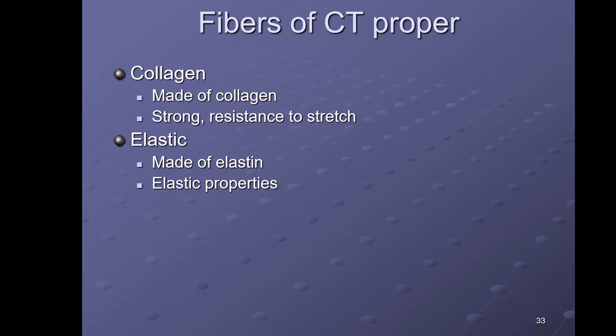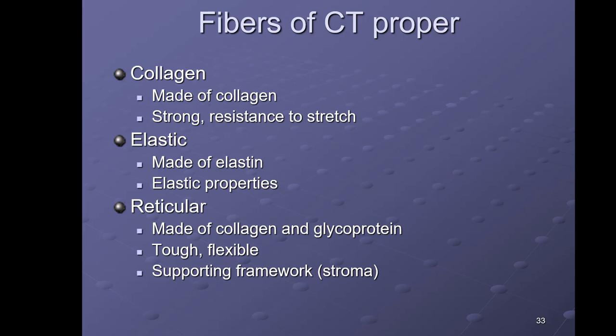It stretches a lot, so it has elastic properties. And then reticular fibers are made of some collagen and some glycoproteins. It's very tough and flexible, and you mainly find reticular tissue in lymphatic organs, and it forms a supporting framework known as the stroma. So stroma is the supporting framework within lymphatic organs, such as your spleen.